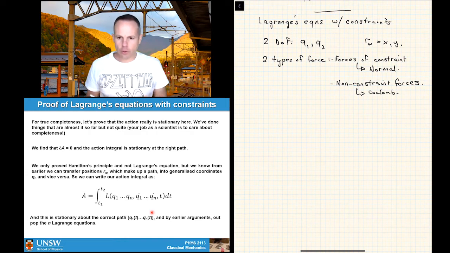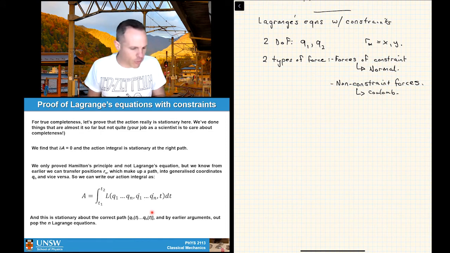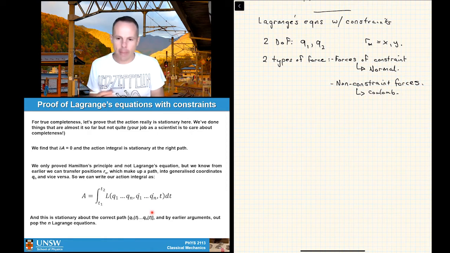Your constraint forces are not necessarily conservative, and the one thing about Lagrangian mechanics that's nice is that we don't really care, and we don't really care because we never really see the constraint forces in this version of mechanics, okay? So we can kind of live with that, and we just work around them because we never see them. Some of you will be going, oh, that might be a pain, because what if you do want to know the constraint force? You want to know the tension in the string for a pendulum so you know how strong it has to be.